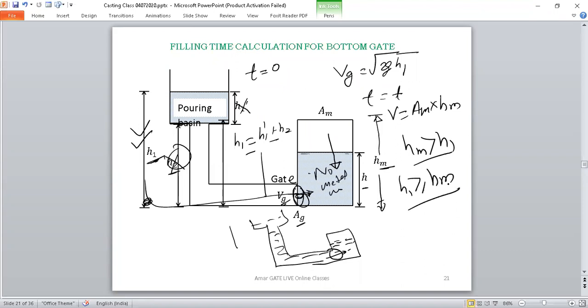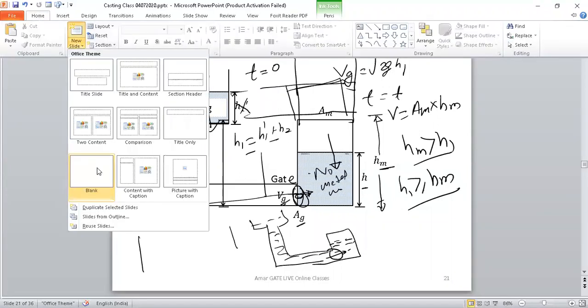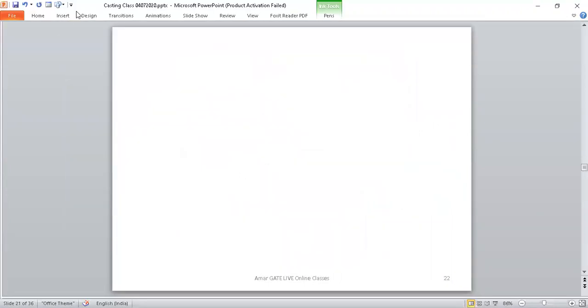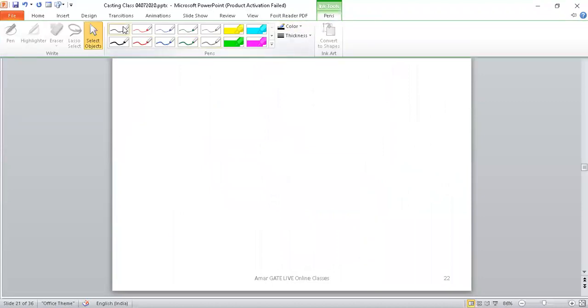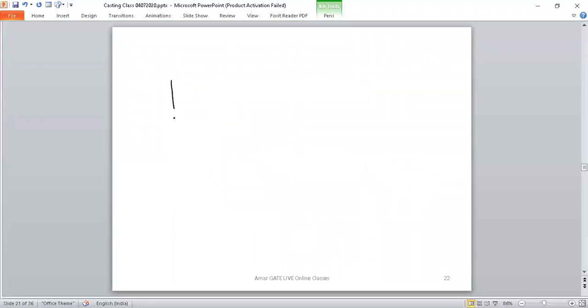It is very clear, because otherwise the metal will only rise to the level of the basin. If it is higher, how will the molten metal fill? It will not be filled. I'm drawing once again.